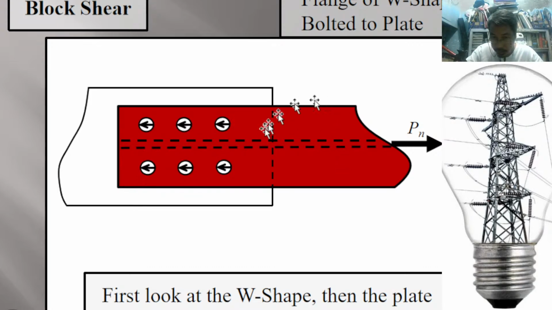This is one flange, and these broken lines show us the location of the web. This is the web location. Therefore, the bolt holes are located on either side of the web, on either side of the flange with respect to the web.